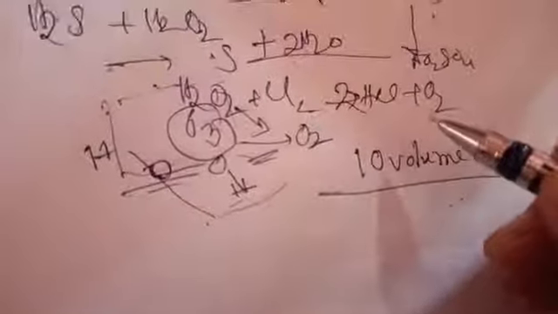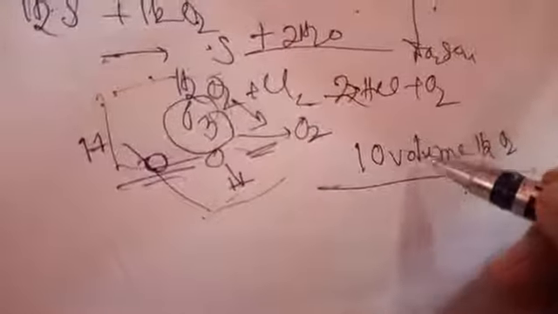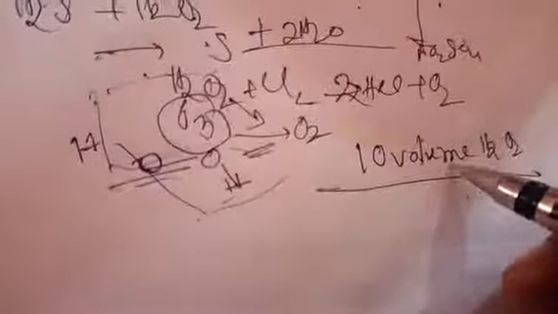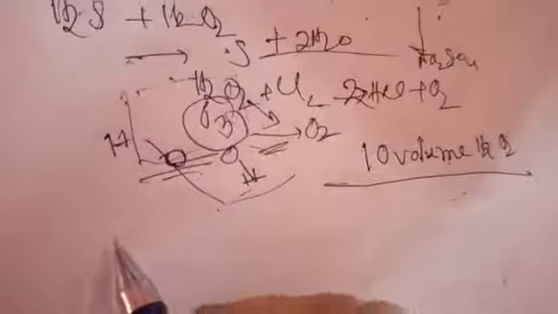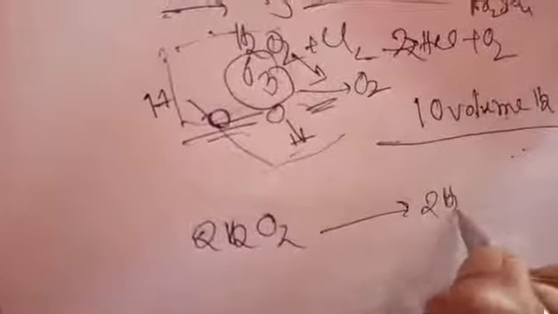That means volume strength refers to the volume of oxygen which 1 volume of the given sample of hydrogen peroxide will give when it is subjected to heating. We all know that hydrogen peroxide decomposes, 2H2O2 gives 2H2O plus O2. Formation of oxygen occurs. Based on how much oxygen it is forming, the strength is always expressed, that is the volume strength.